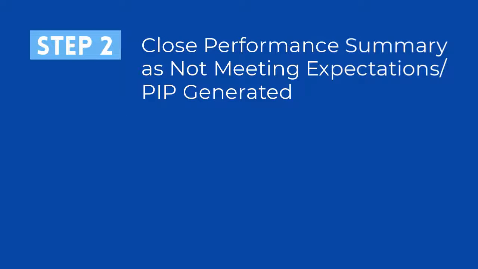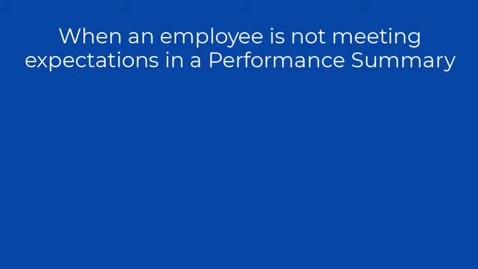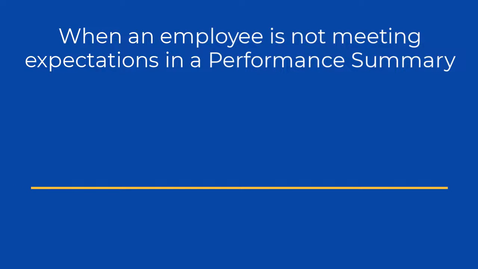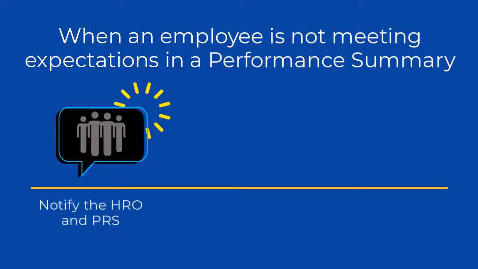Step 2 in the PIP process involves the PIP being generated in PAS. If, after providing coaching and performance feedback, an employee is still not meeting expectations, the supervisor should notify the HRO and PRS in advance that a PIP is likely.